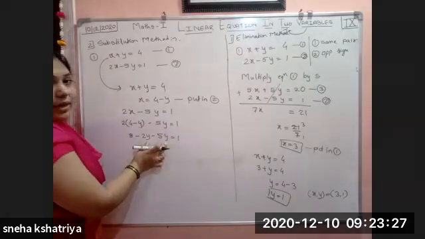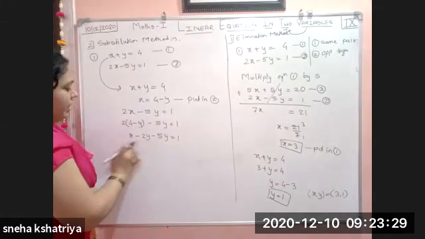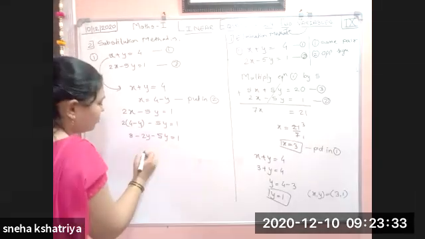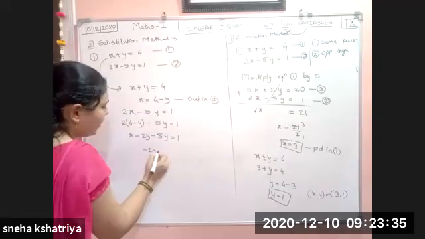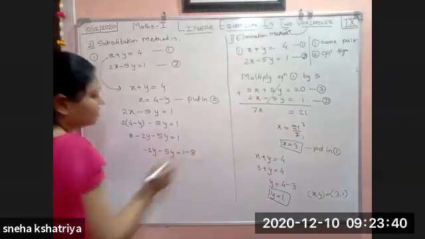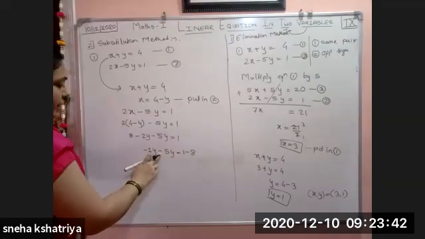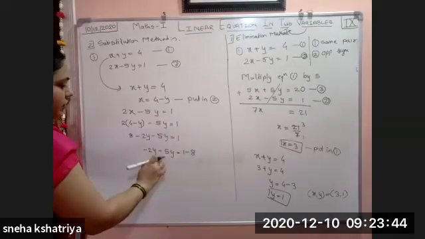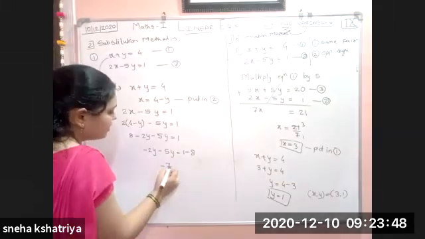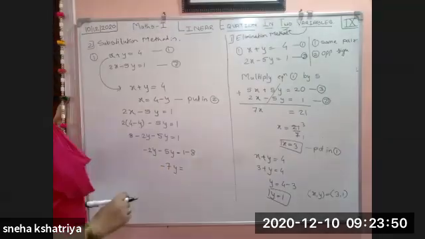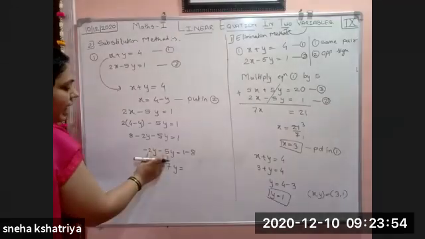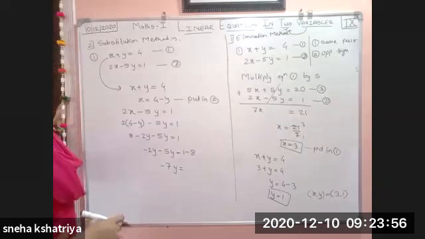See here, the same variables are there, keep them there only. 8 is a constant, shift it to the right side. So this will become minus 2y minus 5y, which is equal to 1 minus 8. Minus 2 minus 5, according to the rule, minus and minus add, and 5 plus 2 becomes 7.